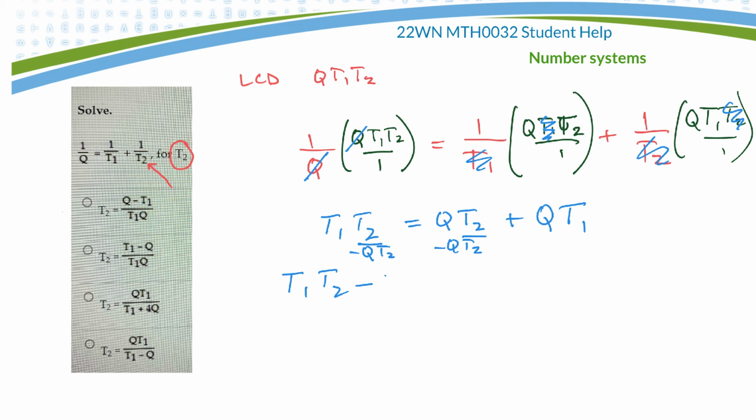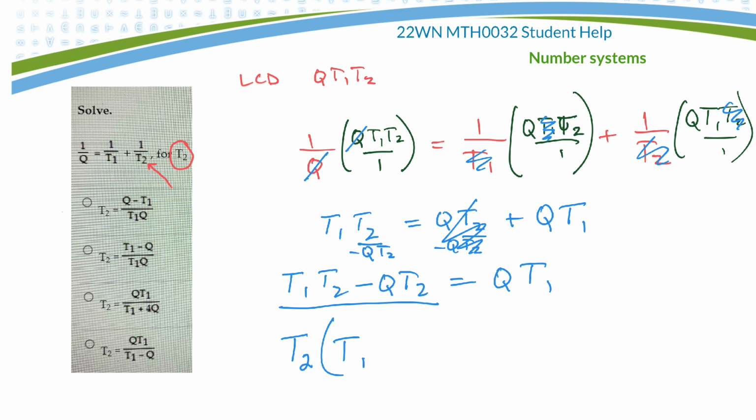So this will be minus Q T2 is equal to Q T1. So on this side I have two T2s. I can get one just by factoring it out. So if I factor a T2 out, I'm left with T1 minus Q is equal to Q T1.